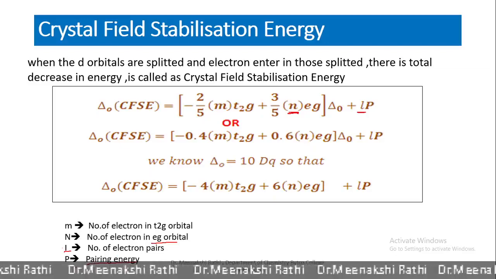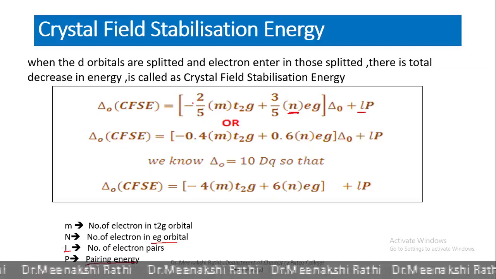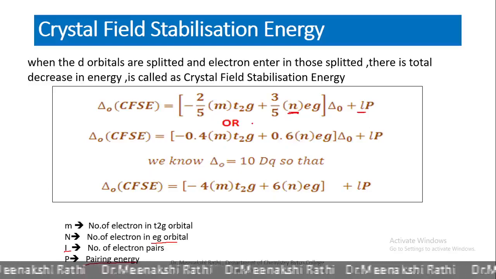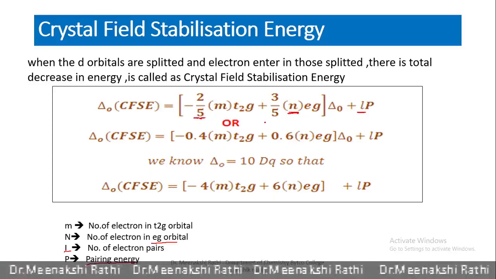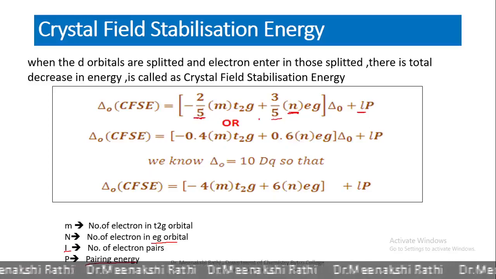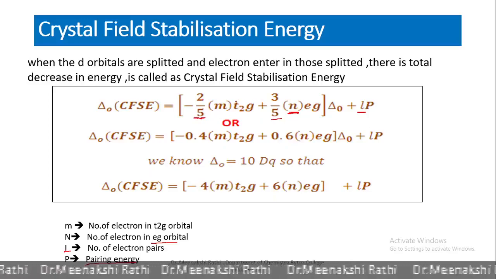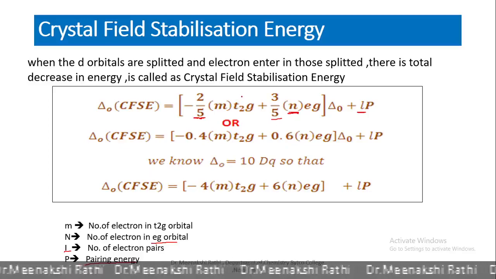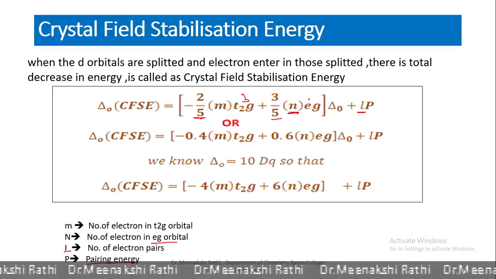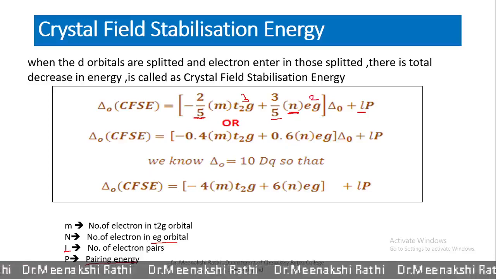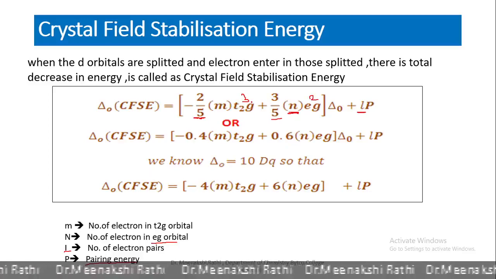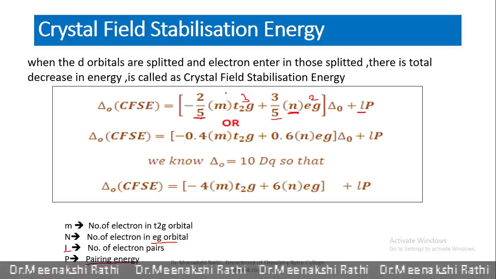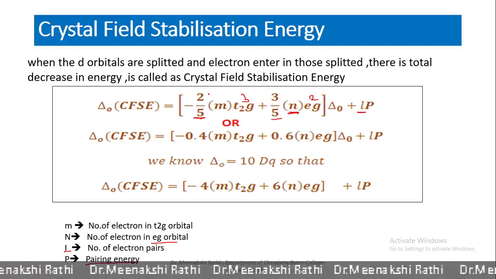Now, you can see why it is taken as 2/5: there are a total of 5 d orbitals, and there are 3 T2g orbitals and 2 Eg orbitals. These 3 T2g orbitals have their energies decreased as compared to the 2 Eg orbitals.